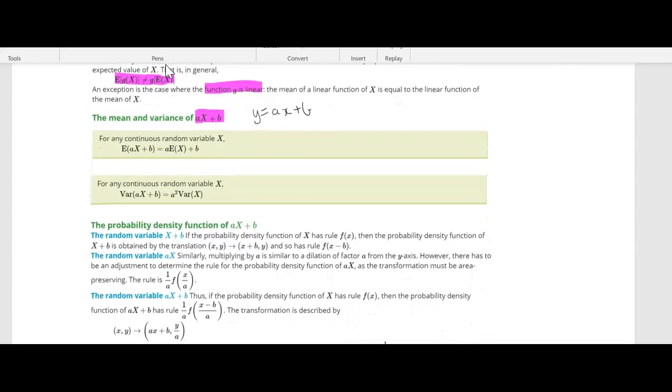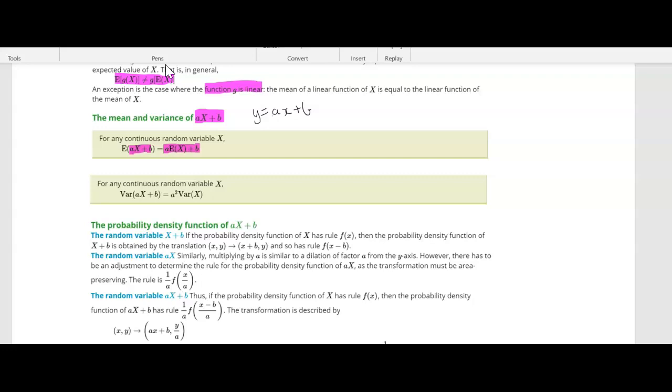All right, so just in these two green boxes following, for any continuous random variable x, if we're looking for the expected value of this function, ax plus b, so a linear function, you can just equate it to this: a, being the coefficient of x, times your expected value, plus b.